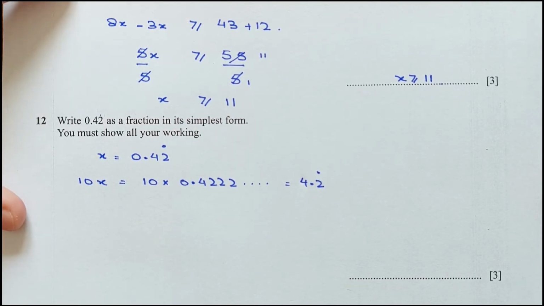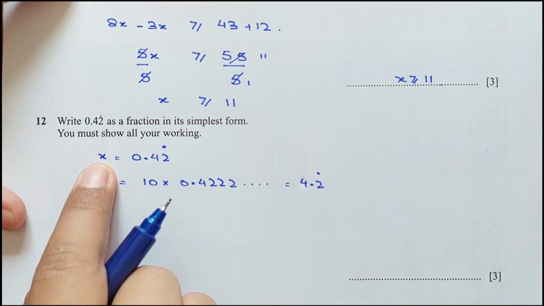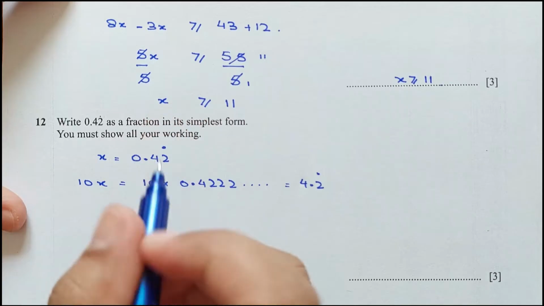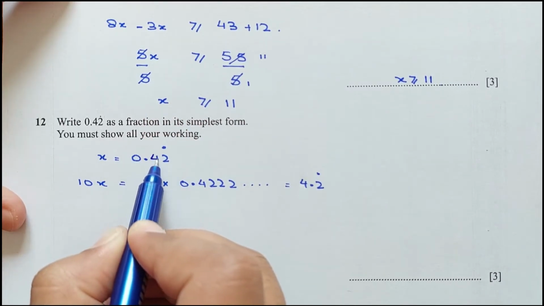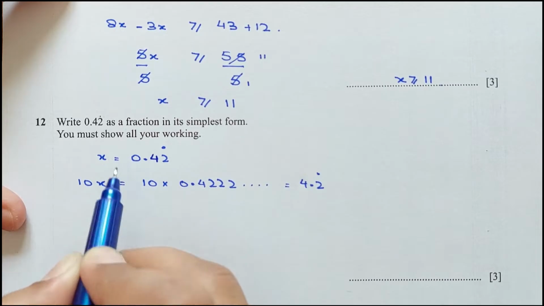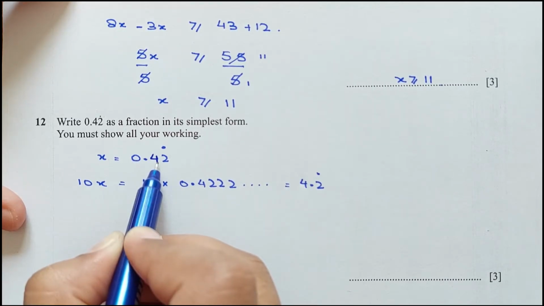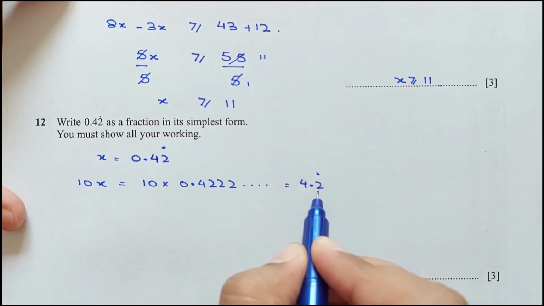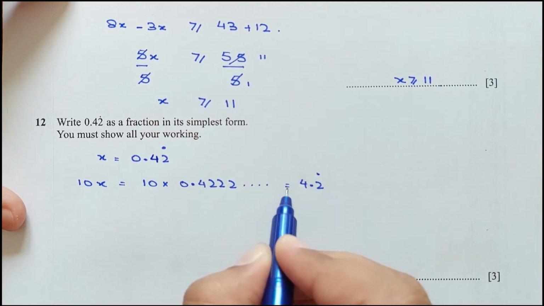Now in this type of question, the first step is to let x equal that number. And then we have to shift the non-recurring digit. The 4 is the non-recurring digit after the decimal. So it is 0.4. So we have to times it by 10. That is why I times it by 10, right? Now we have to shift the recurring digit 2 past the decimal.